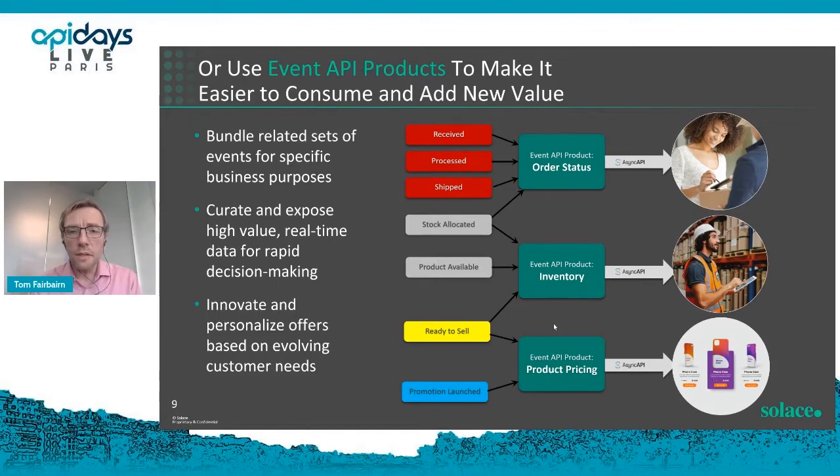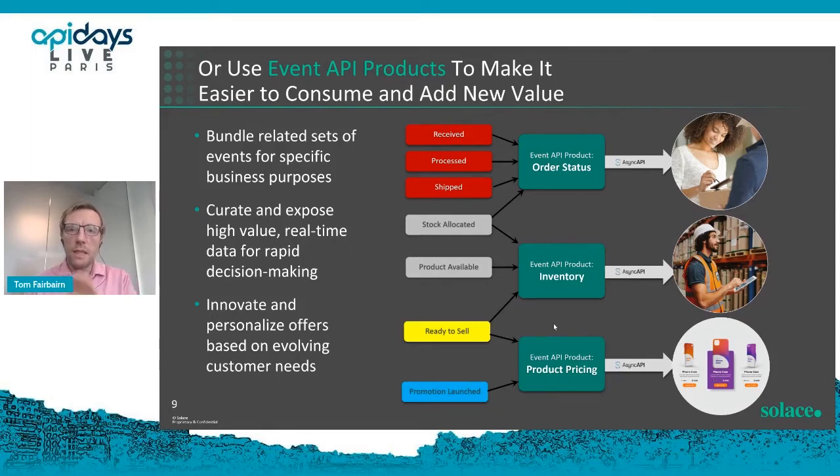Now, if you think about this price comparison website here, what we've done is we've introspected the events that are available to us as individual events. We've seen how they're flowing perhaps to our order status and inventory product and thought, maybe there's extra value we can provide here. Maybe there's extra things we can do.